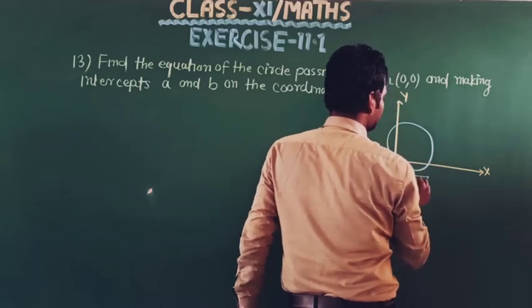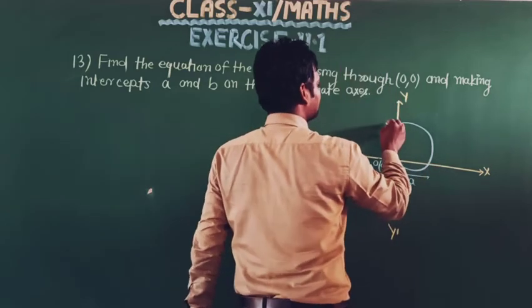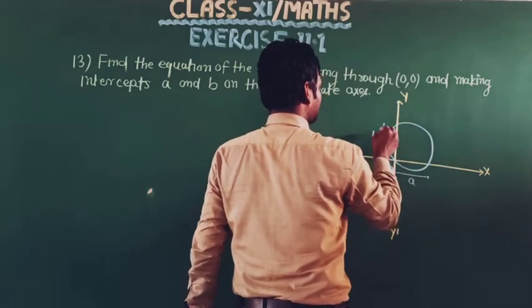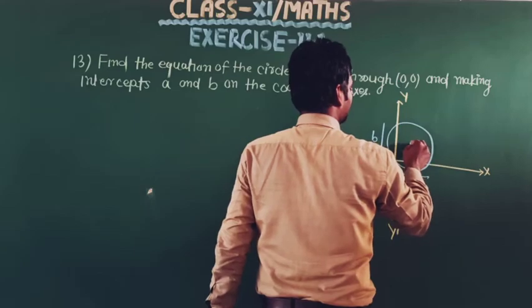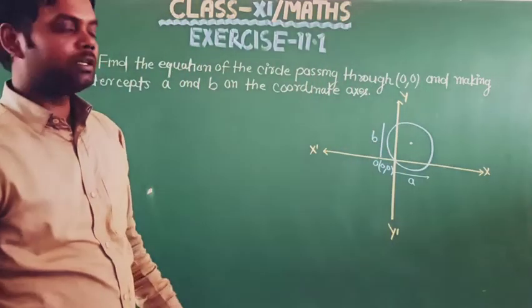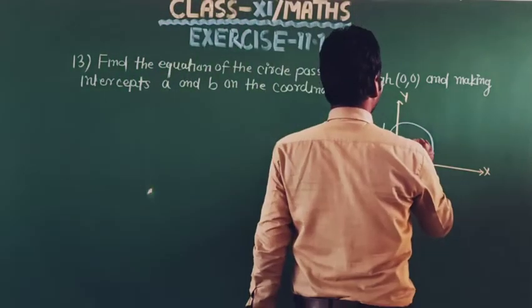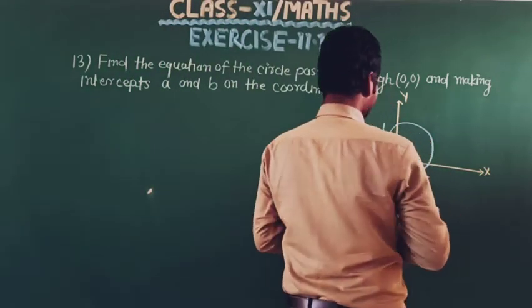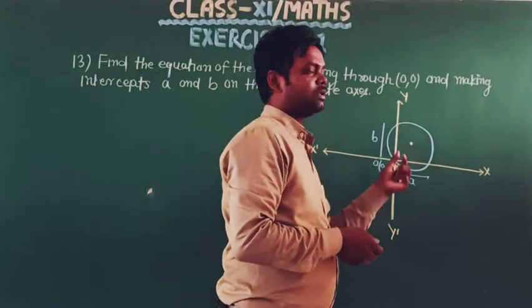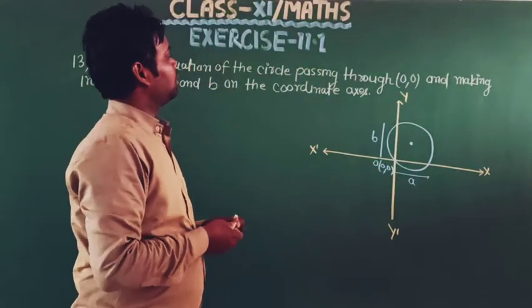So this distance is A and this distance is B. And here suppose this is the center of the circle.